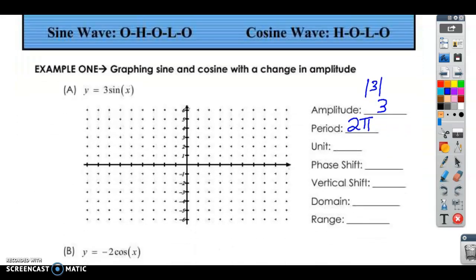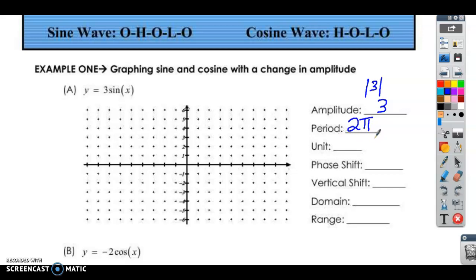We want the graphs to look very similar. We want a very nice, easy way to graph it. And the way we do that is we just make the period graphable in a nice, easy way. We're going to take that period and chunk it into 4 even pieces. So in this case, if we have 2 pi, we're just going to divide it by 4.